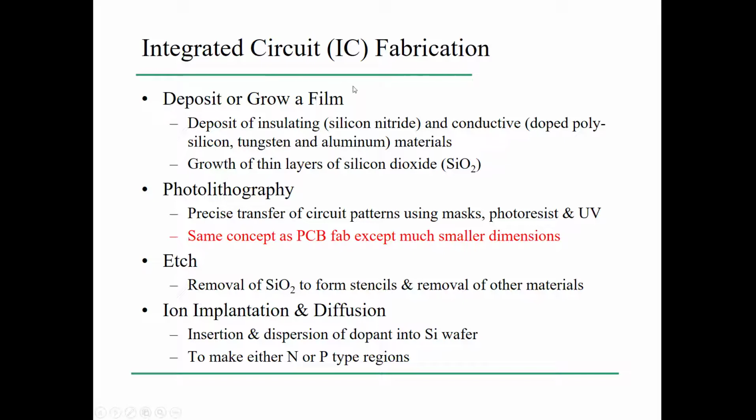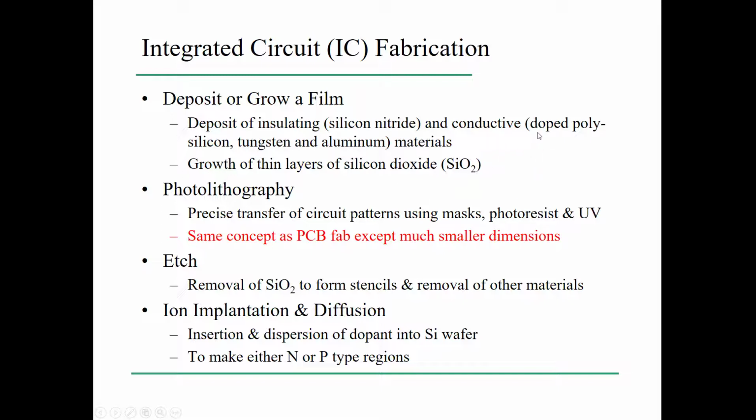So you have deposit or grow film, so either insulating or conductive material is deposited onto the wafer. Silicon nitride is an insulator. Also, there's growth of thin layers of silicon dioxide, which is also an insulator.